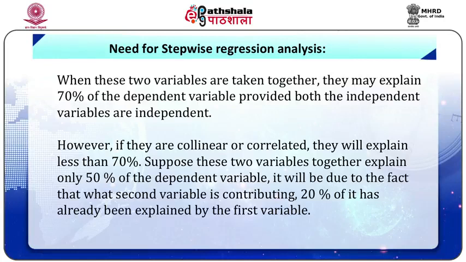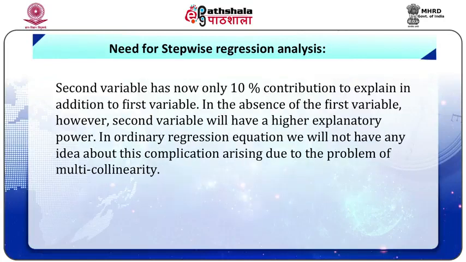It will be due to the fact that what the second variable is contributing, 20% of it has already been explained by the first variable. The second variable now has only 10% contribution to explain in addition to the first variable. In the absence of the first variable, however, the second variable will have a higher explanatory power. In ordinary regression equation, we will not have any idea about this complication arising due to the problem of multicollinearity.